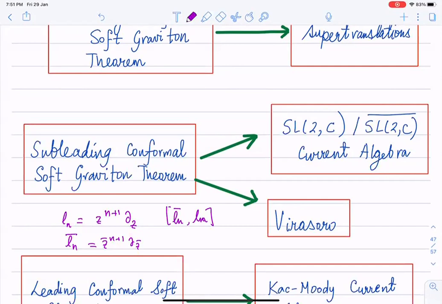In that context, from the asymptotic symmetry literature point of view, there was a debate about what the interpretation of this is as an asymptotic symmetry. When you discuss an asymptotic symmetry, you have to tell me how the vector fields for these symmetries act on the celestial sphere and so on.